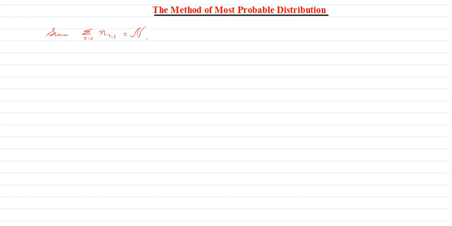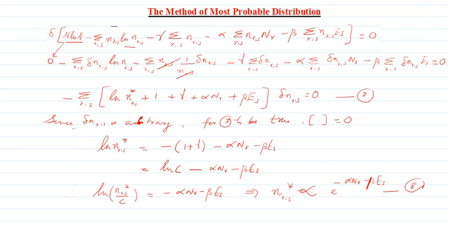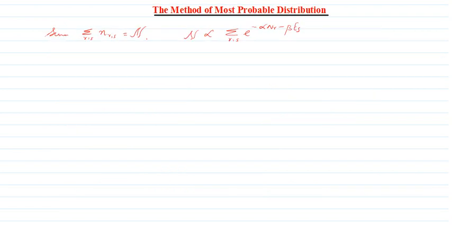So this N is proportional to the sum over RS of e raised to minus alpha NR minus beta ES. I'm taking the sum over RS on both sides of our previous equation, so they should be proportional. The sum over RS of NRS will be proportional to N, the total number of systems in the ensemble. Let me call this equation number 9.